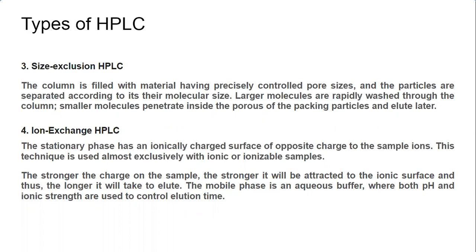But here, while taking the stationary phase, we are controlling the pore size of our stationary phase. So with precisely controlled pore size, the particles are separated according to their molecular size.